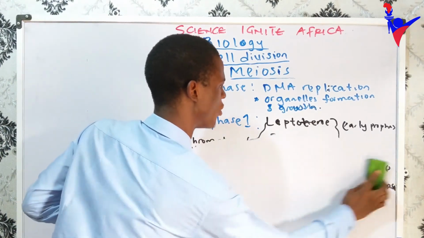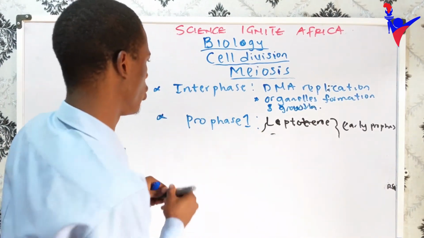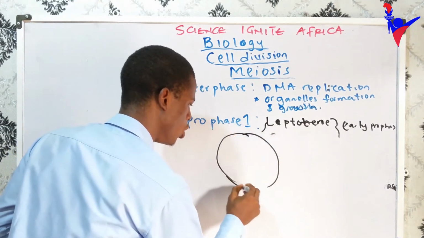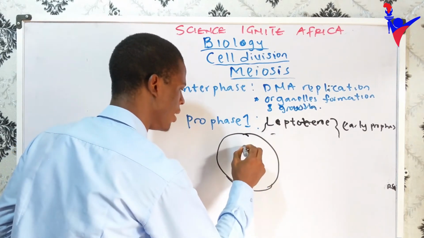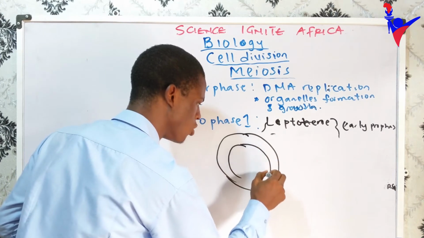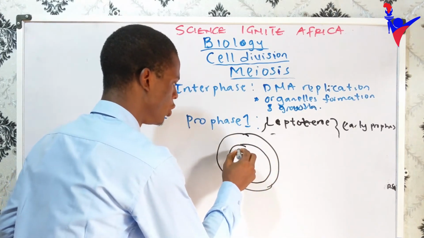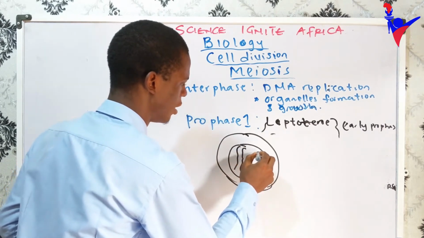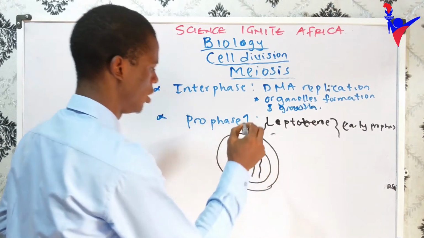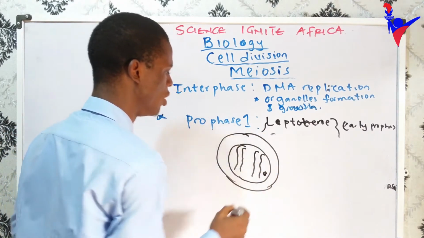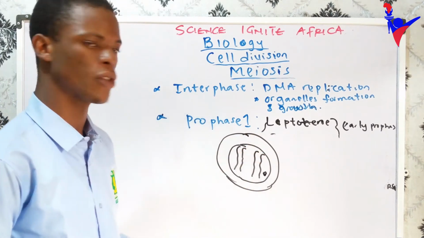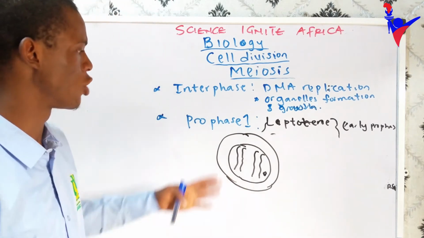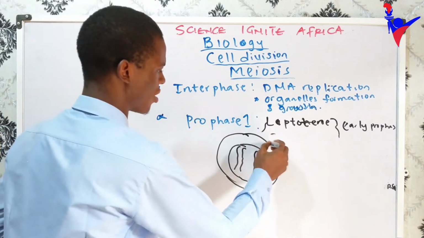With the diagram that I have on the board here, don't forget, we're talking about our leptotene. You have your cell membrane, and you have your nucleus, which contains the nuclear material. So you have your chromosomes still looking like thread. Yes, you have your thread-like structure, and you still have your nucleus inside. So this is the leptotene phase, and you see that the chromosomes are still in the form of a thread-like structure.